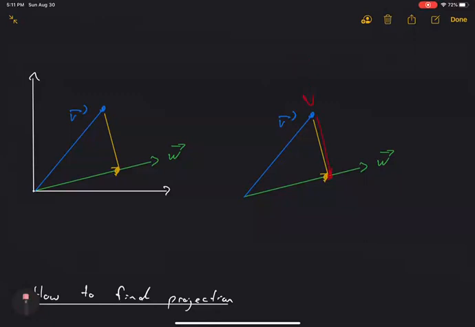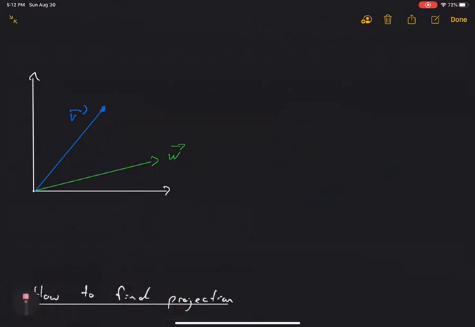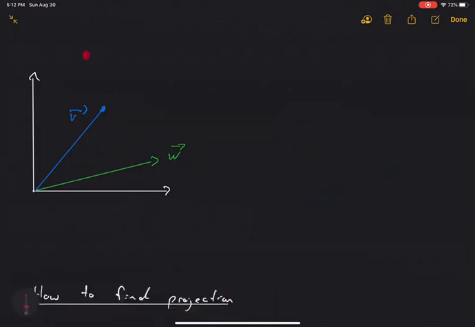Going back to our original drawing now, if I had a light source directly over w, hitting it at a 90-degree angle, right? So boom, 90 degrees.